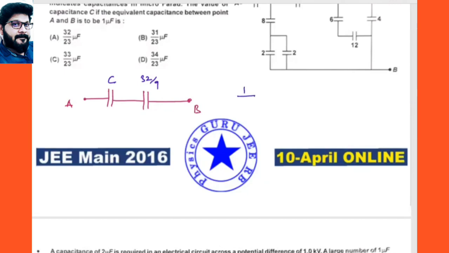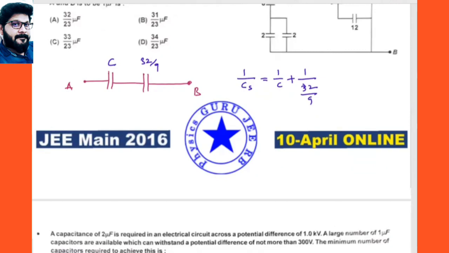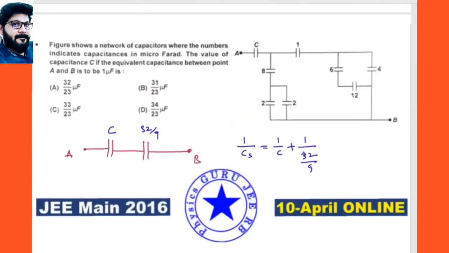As they are in series, 1 by CS is equals to 1 by C plus 1 by 32/9. 1 by CS means already given, across AB is 1 microfarad.